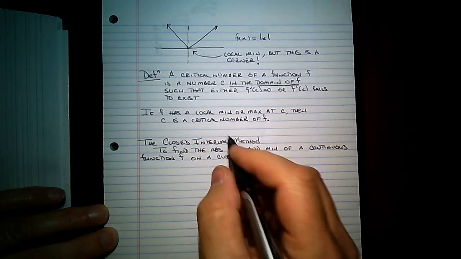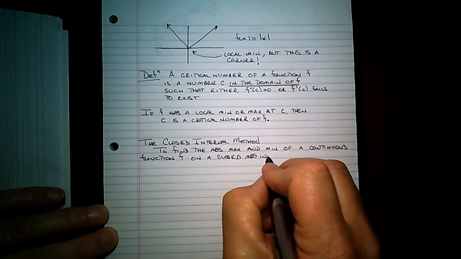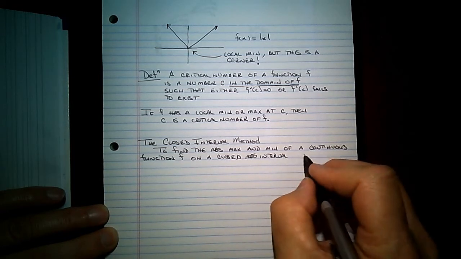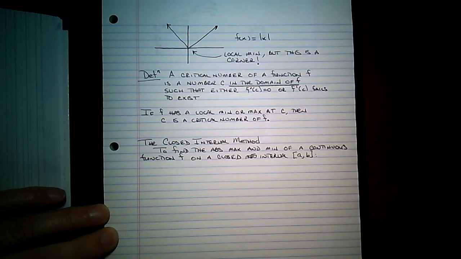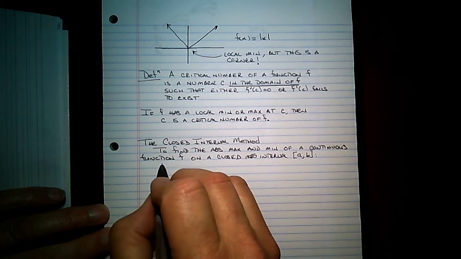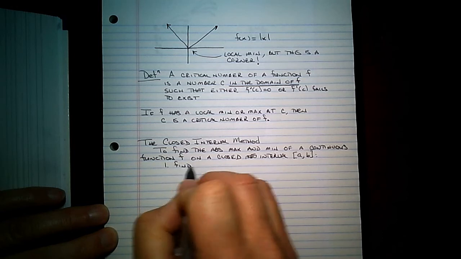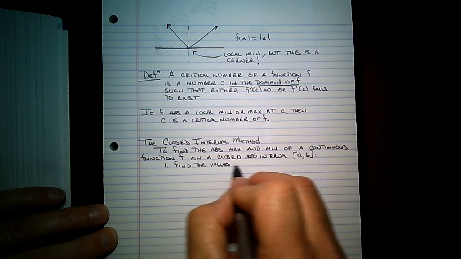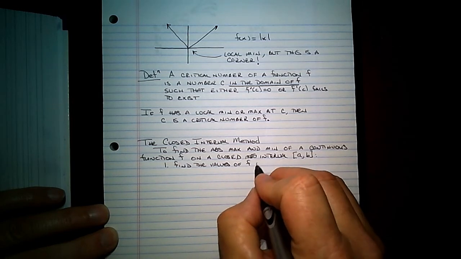See where the name comes from? A to B. There is a set of definite steps that we follow. We just follow some steps. All right? Step 1: find the values of f at the critical numbers.